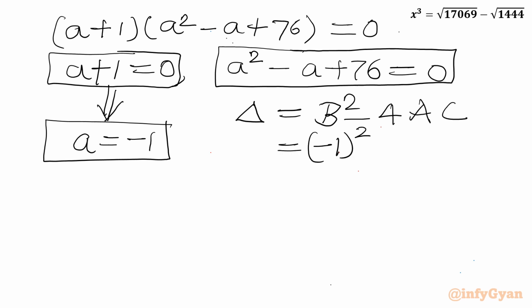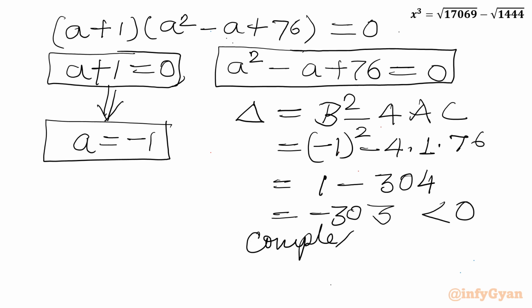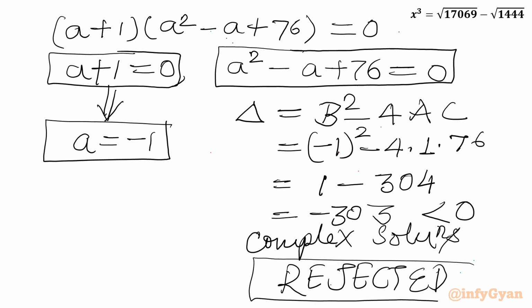Minus 1 whole square minus 4 times 1 times 76, which will be 1 minus 4 times 76. It will be minus 303. So this value is coming out negative. That means this quadratic will generate complex solutions, so we can reject this. So we will be accepting only A equal to negative 1.